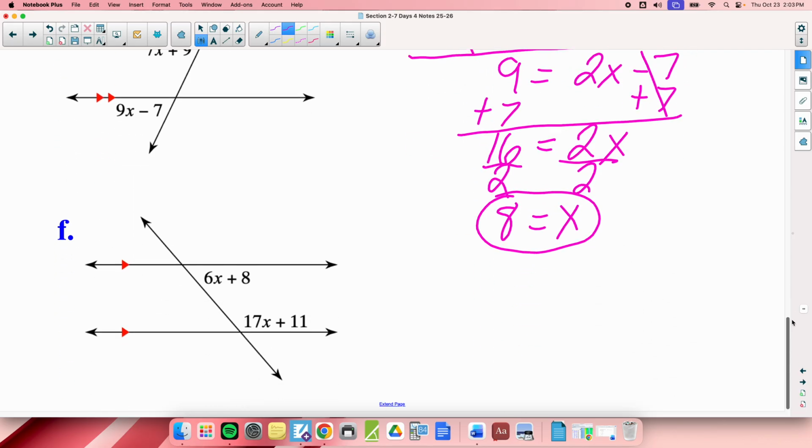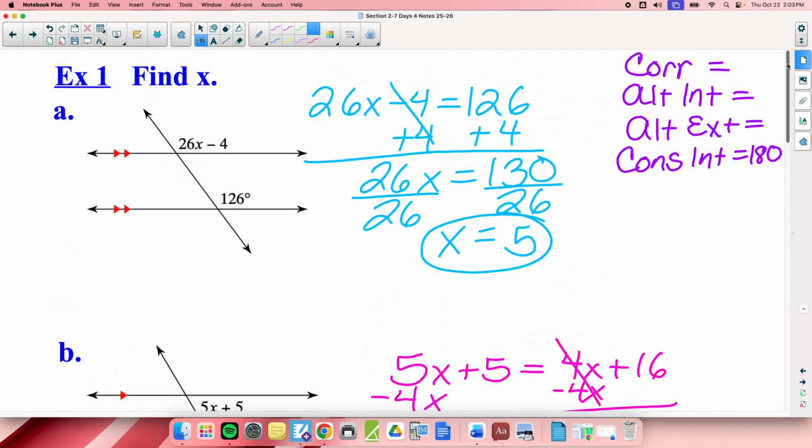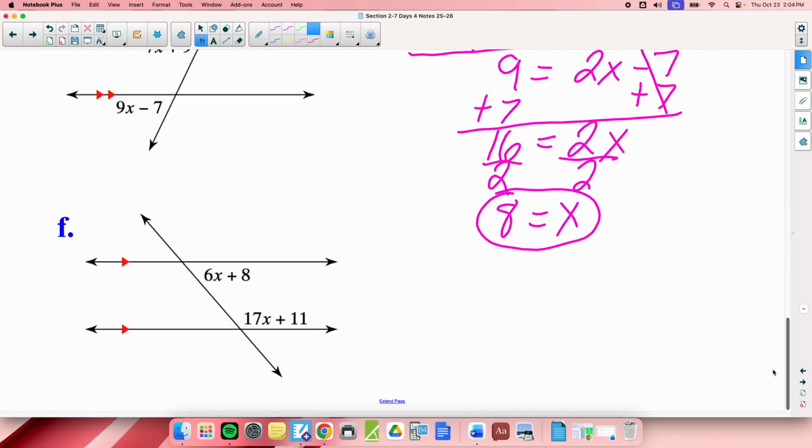Okay? Now, if we look at this one, what kind are these two? Consecutive interior. What do we do with consecutive interior? We add them and set them equal to 180. So we're going to go 6x plus 8 plus 17x plus 11 equals 180.